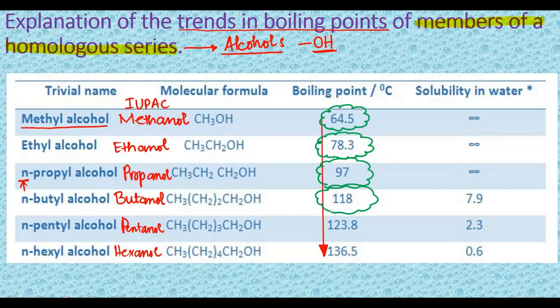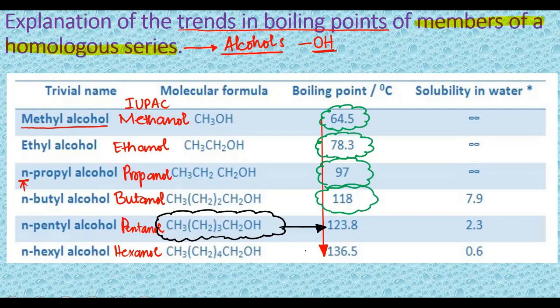So this increases the boiling point. So there is a direct relationship between the number of carbon atoms and the boiling point of the compounds in a homologous series. Moreover, these trends are true for all the straight chain compounds, but if there is branching in the compound, this is going to cause a decrease in the boiling point.